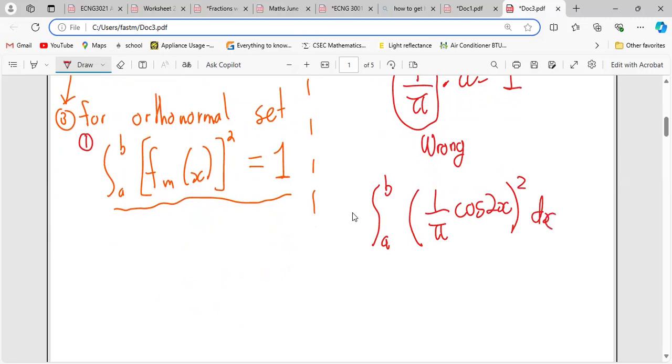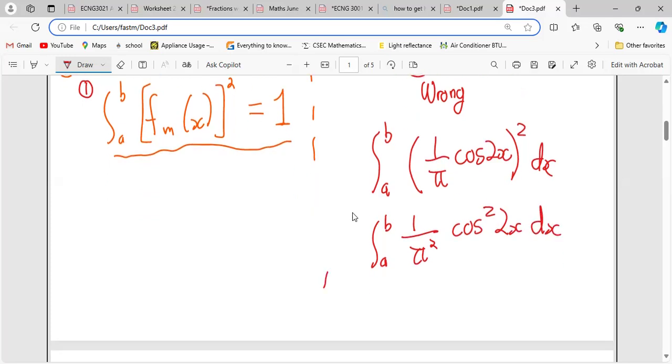So you do your normal square, and you end up with the integral from a to b of 1 squared over pi squared times cos squared 2x dx. I'm going through the full thing so you can see it. When you pull out the constant, which is 1 on pi squared, you end up with 1 on pi squared times the integral from a to b of cos squared 2x dx.